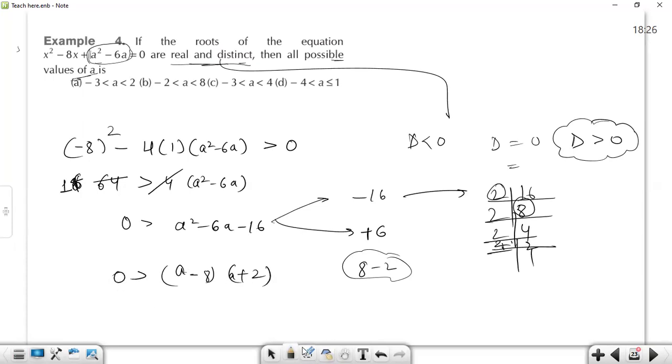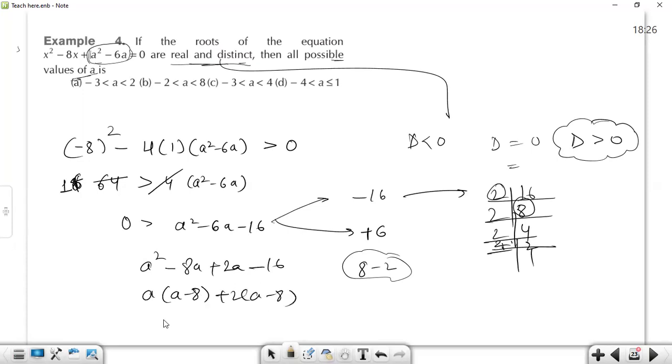Understood how? Let me rewrite it for you. A square minus 8a plus 2a, then only minus 6a is going to come. Now we take a common, a minus 8, plus 2 common, a minus 8, then taking a minus 8 common into a plus 2, and the same inequality.